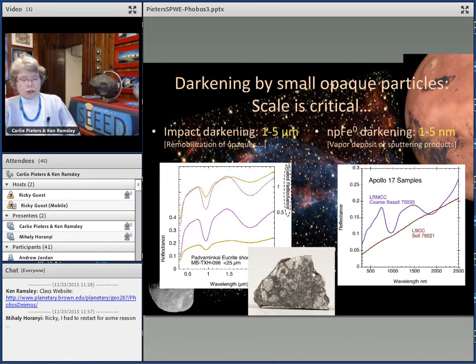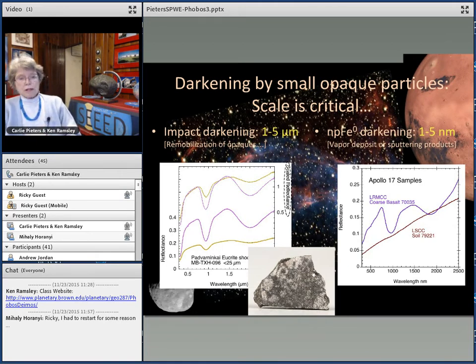What's shown here on the left is a meteorite, a eucrite in particular, where there's two different types of zones within the same meteorite, one of which is darker than the other. If you scale these two spectra, the orange and the blue one, as we see at the top there, scale them in the visible, essentially what you see is weaker bands in the darker ones, but no continuum slope.